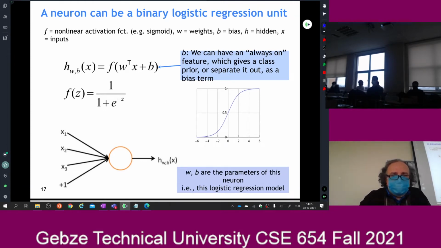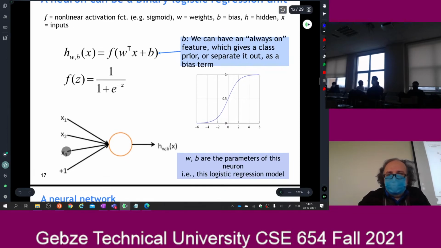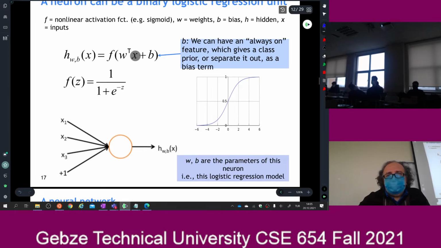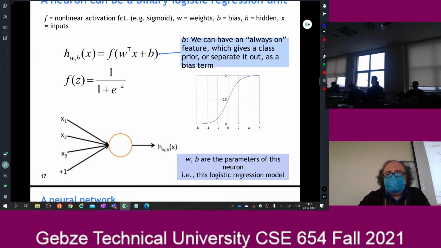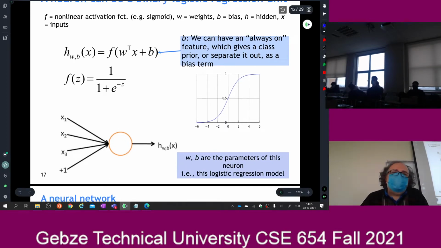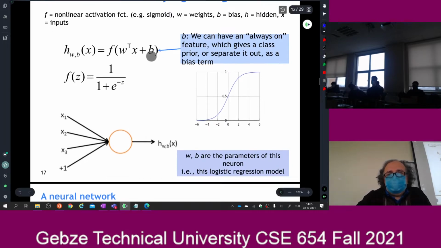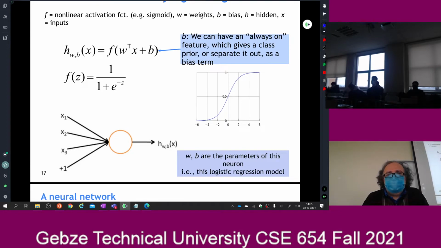They say that it has inputs x1, x2, and x3. This is our neuron, and this is the output. For each neuron, I have this input x. I multiply it with a matrix like that, and I add a bias vector to it, and the overall result will give me a number like that one.